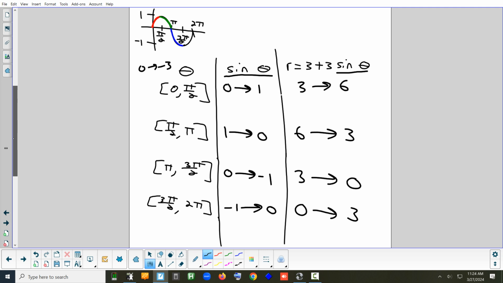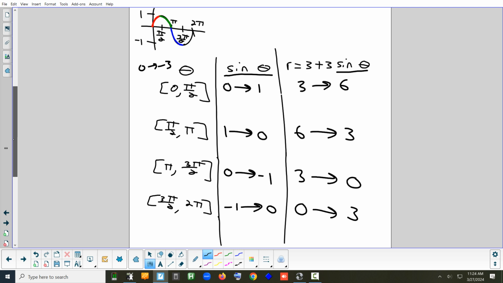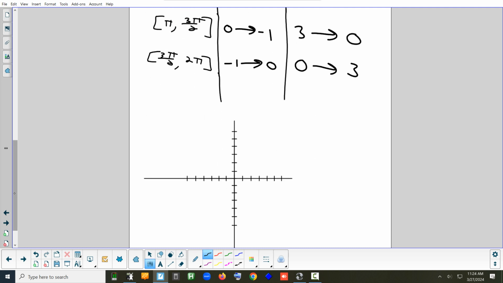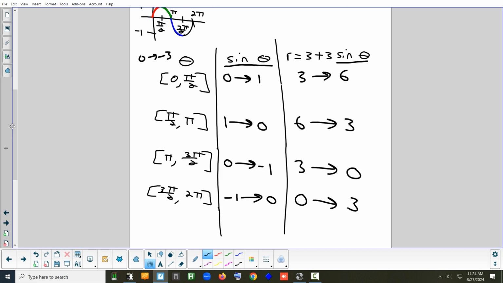Okay. So in quadrant 1, what is the radius at 0 degrees or 0 radians? Yep, 3. At 0 degrees, the radius is 3. How about at pi over 2? What's the radius when we get all the way to the end of quadrant 1? 6.